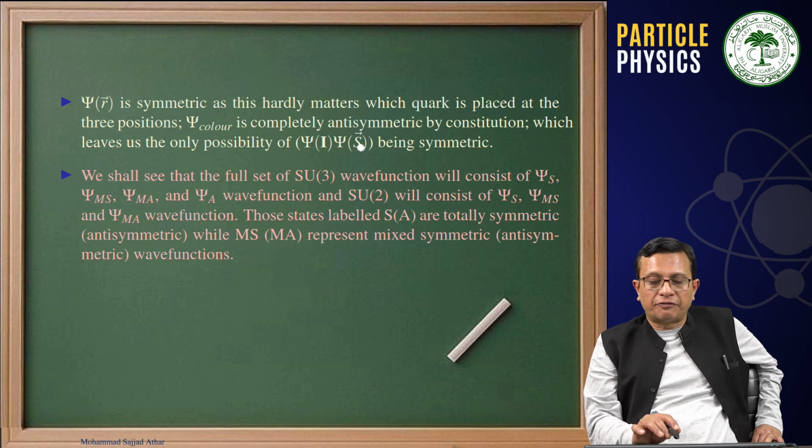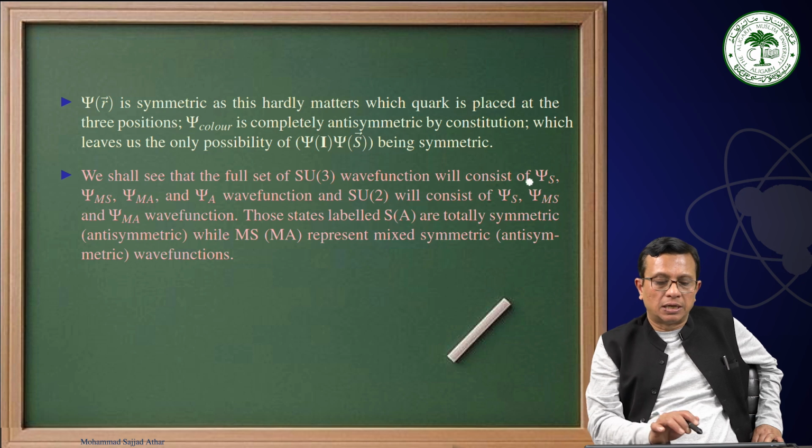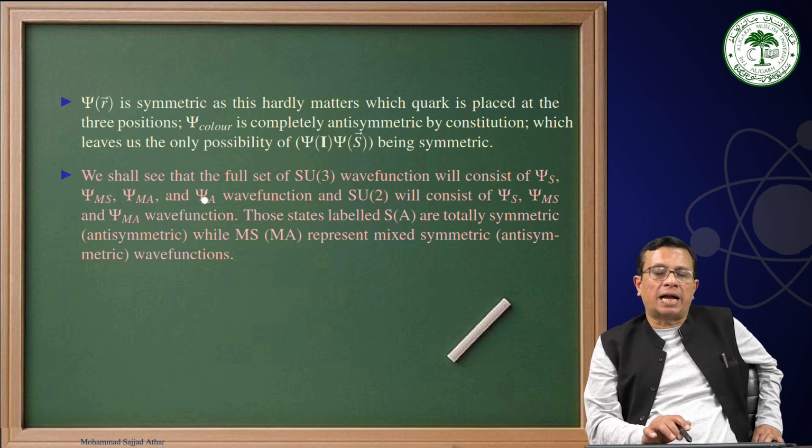We shall see that the full set of SU3 wave functions will consist of psi symmetric wave function, psi mixed symmetric wave function, psi mixed antisymmetric wave function, and the fourth combination as psi antisymmetric.